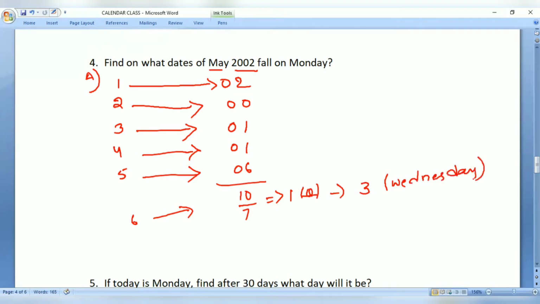Okay. If 3 is a Wednesday, then what will you understand from it? First, second, third, fourth, fifth, and sixth. Likewise, if the third is considered as a Wednesday, then Wednesday, Thursday, Friday, Saturday.